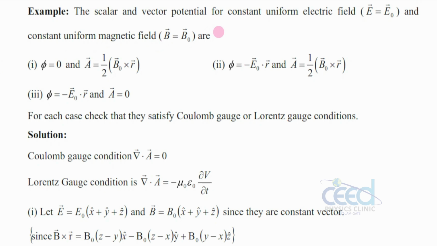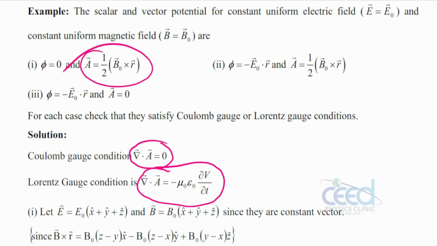Now we should check the Coulomb's gauge condition and Lorentz gauge condition, right? Coulomb's gauge condition is del dot A equals 0, and Lorentz gauge is del dot A equals minus mu 0 dou V by dou T. So whether that is satisfied or not, we have to see. First of all, what is A?